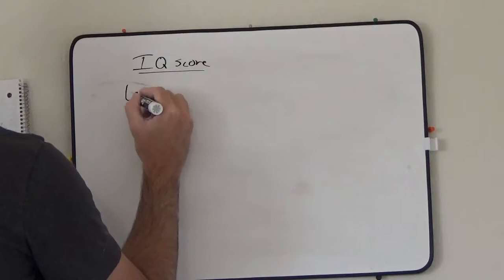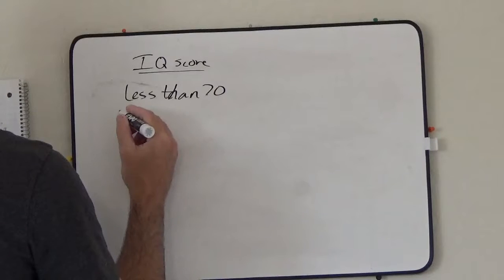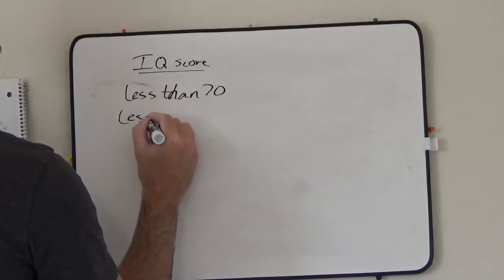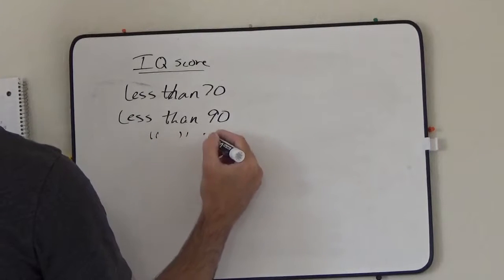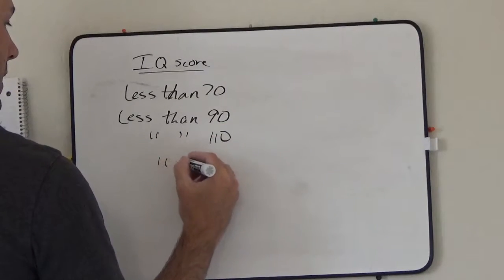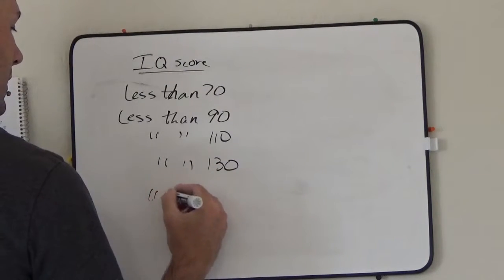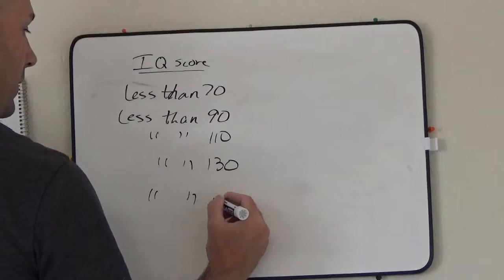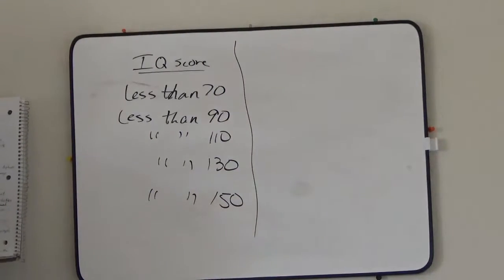We're going to have less than 70. We're going to have less than 90, less than 110, less than 130, and less than 150. That's how we're going to identify our IQ scores now.